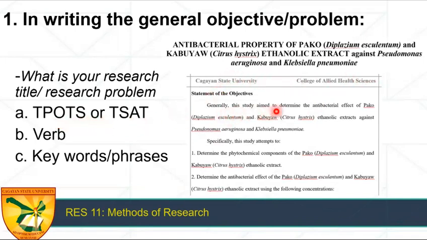Generally, this study aimed to, and then the verb, determine, and then the keywords or phrases are actually what you also see in your title. Determine the antibacterial property of pako and kabuyaw ethanolic extracts against Pseudomonas aeruginosa and Klebsiella pneumoniae. So that is one example.